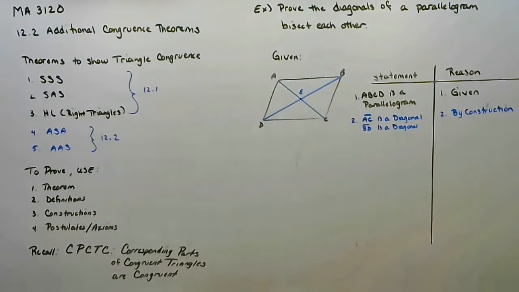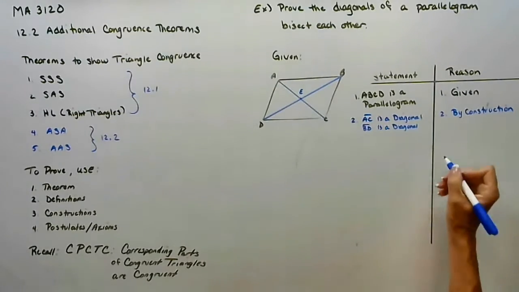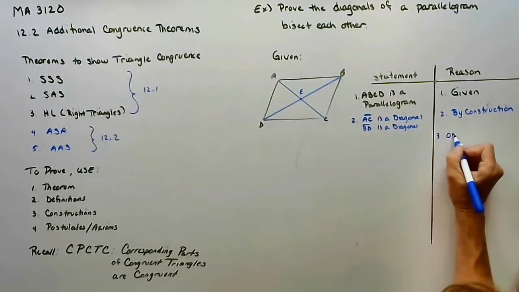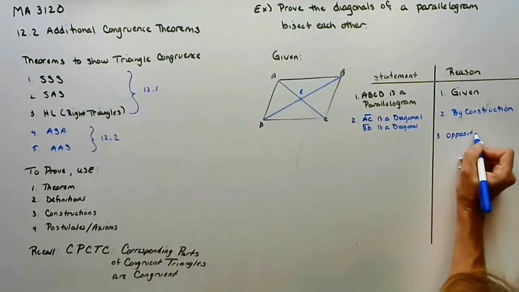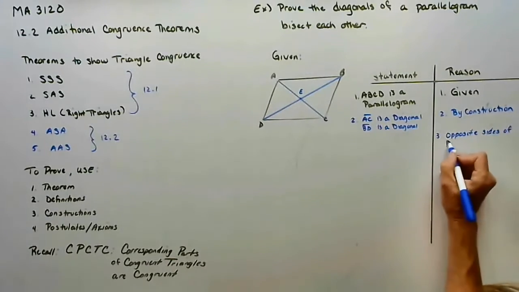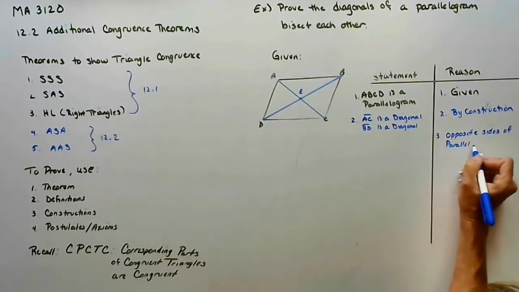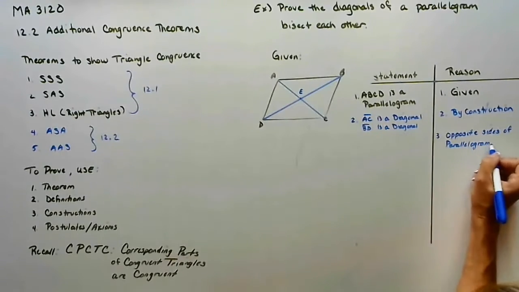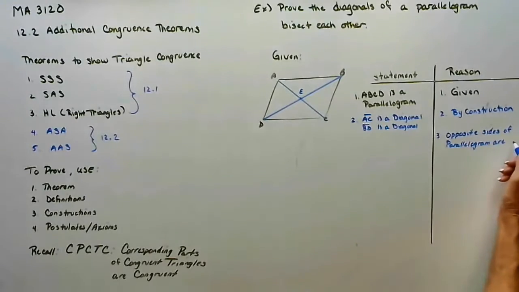Now, we just got finished proving something about parallelograms. We just finished talking about how opposite sides of parallelograms are congruent. So I'm going to start there, where we left off. Opposite sides of a parallelogram are congruent.